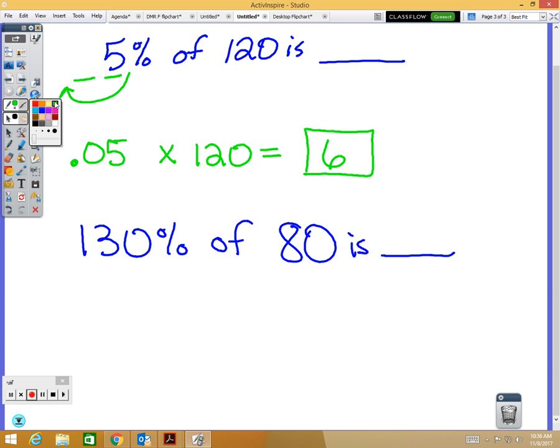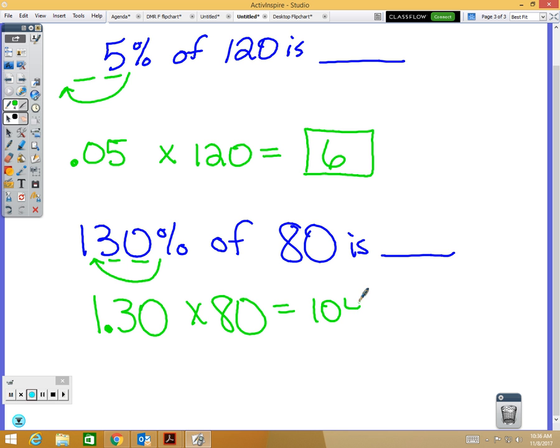We want to write 130% as a decimal, which would be what? Moving it, again, 2 places. So 1.3 or 1.30, doesn't really matter. I'm going to go ahead and put the 0 on there to not confuse anyone. Times 80 is 104.